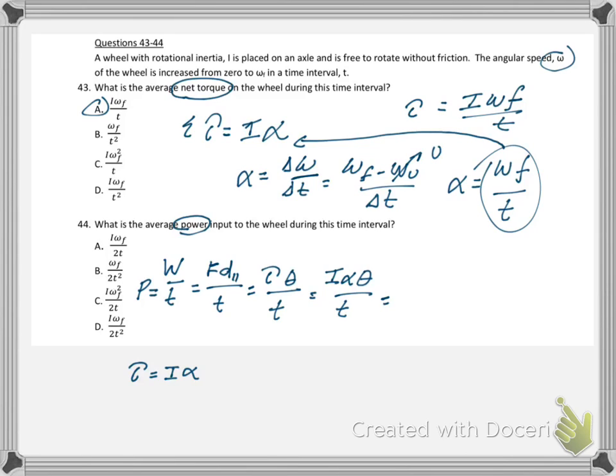So we can say, okay, angular velocity is a change in angular displacement over time. So angular displacement is equal to angular velocity times time. So let's plug that in for theta.